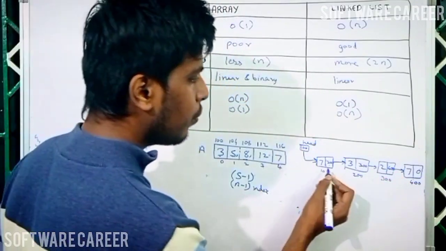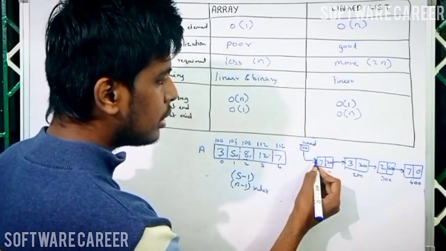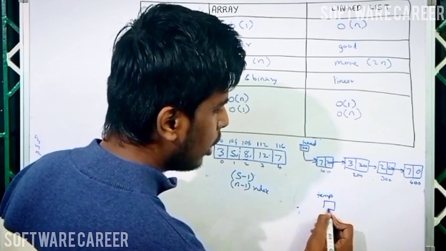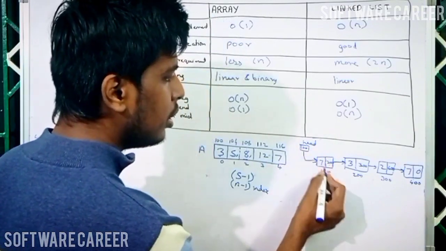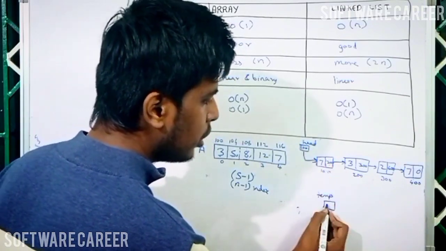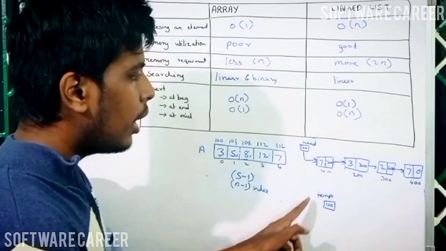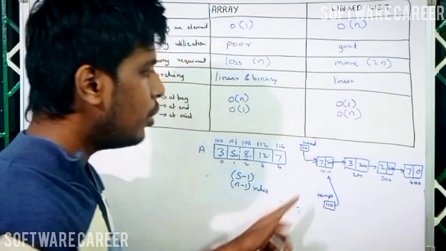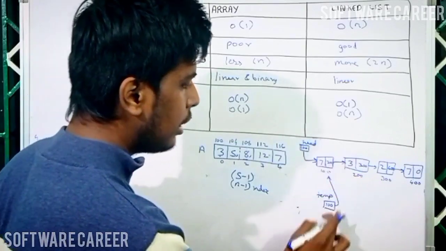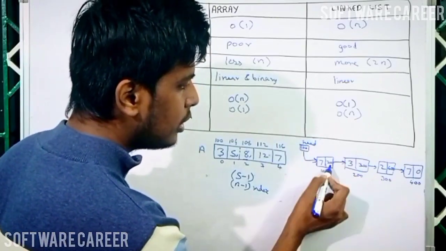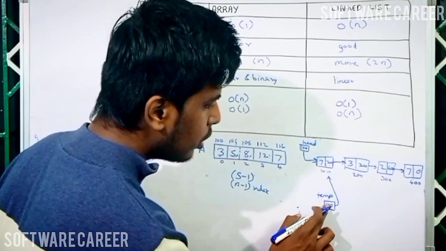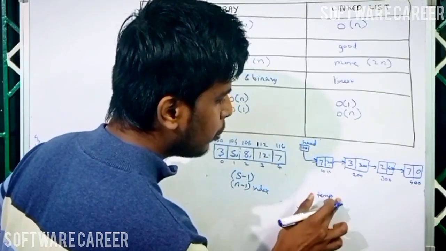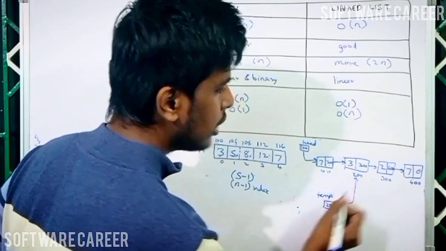For that, you should create a temp pointer, and that temp pointer points towards the first node. The address of the first node is 100, so it points towards this. Now it moves towards the second node, that is temp equals temp next. 100's next is 200, so 200 gets stored over here, and this pointer points towards the second node.